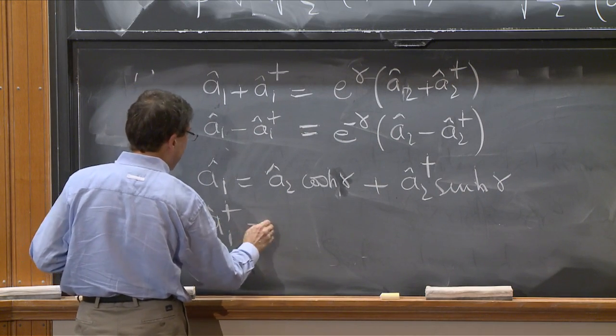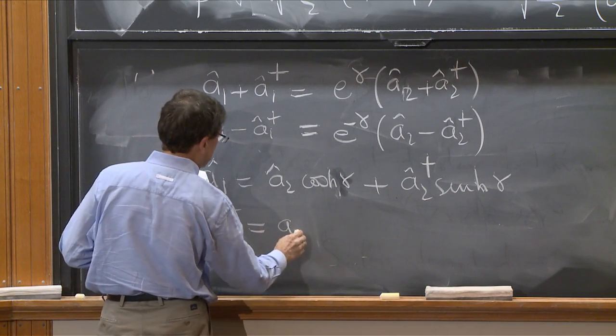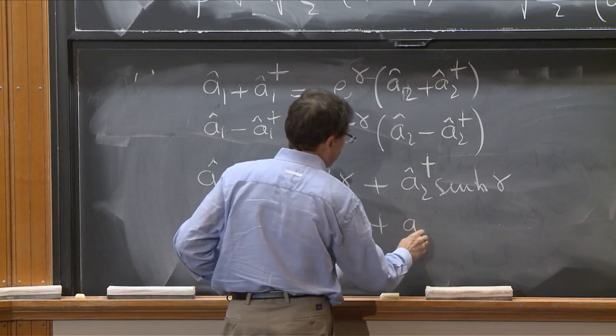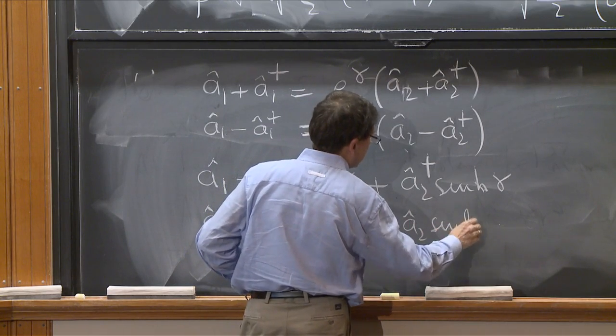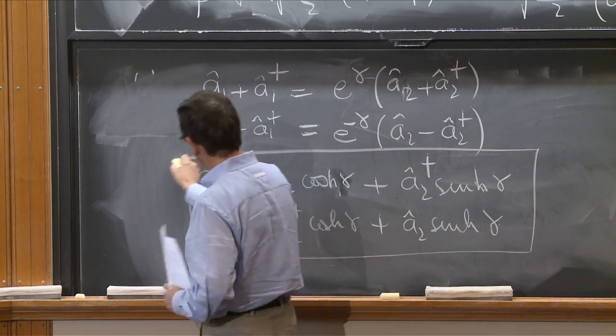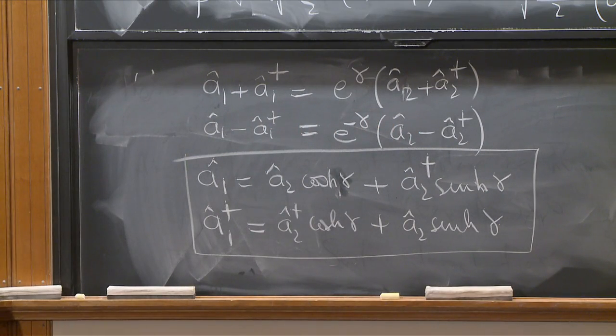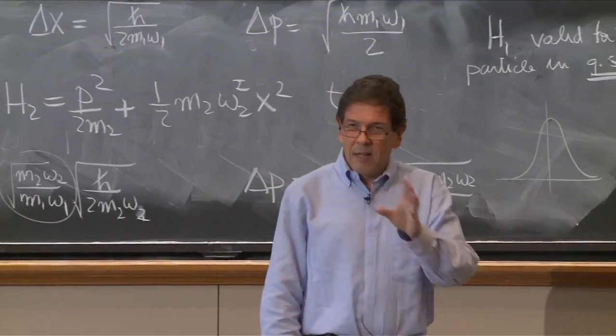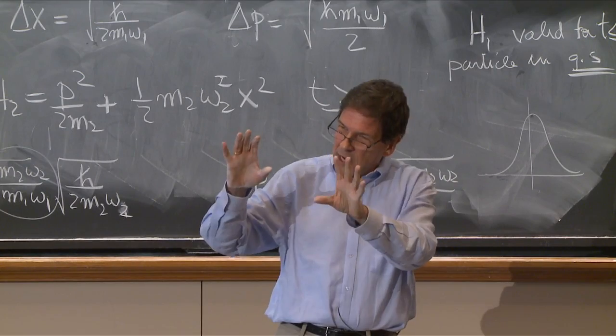So a1 dagger is equal to a2 dagger cosh gamma plus a2 sinh gamma. The second equation that you can calculate, it's the dagger of the first. And now you found the scrambling of the oscillators, of the creation and annihilation operators.